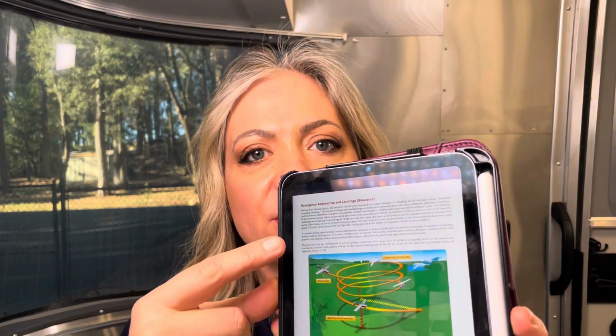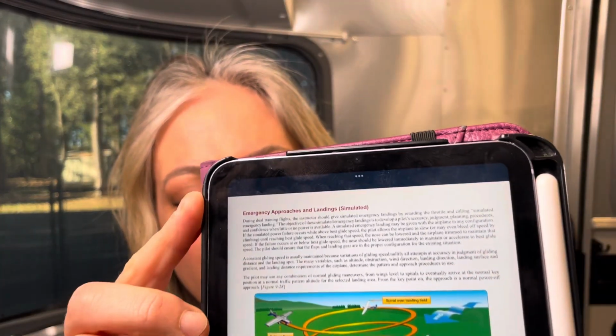All right, and here we have in the Airplane Flying Handbook, chapter 9, page 28, emergency approaches and landings, simulated. Okay, instructors, read it. Applicants, read it.